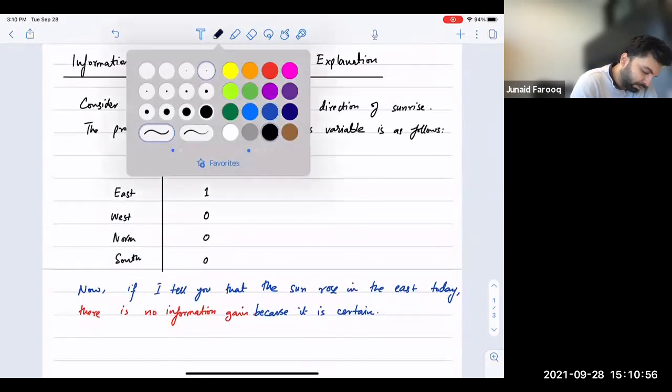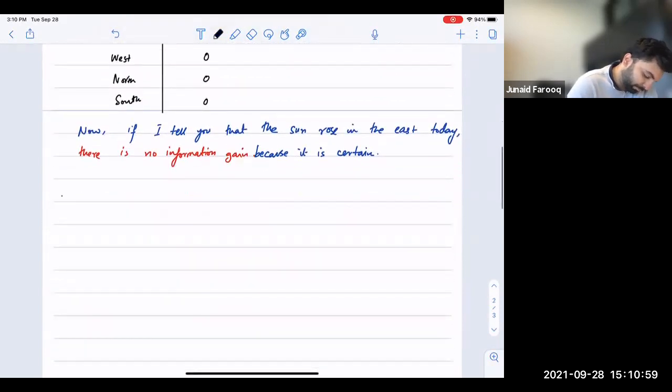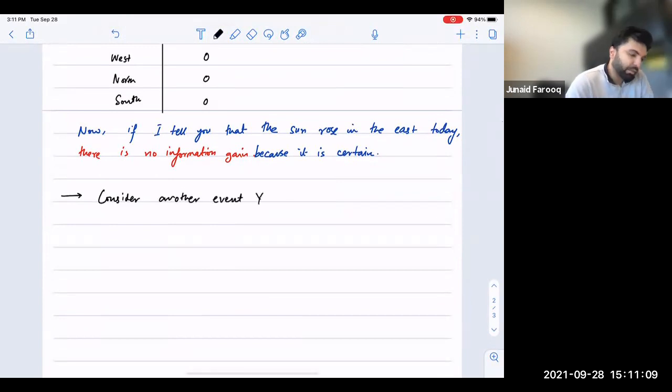But now let's take another example. Consider another event, Y, that denotes whether there is a storm or not.